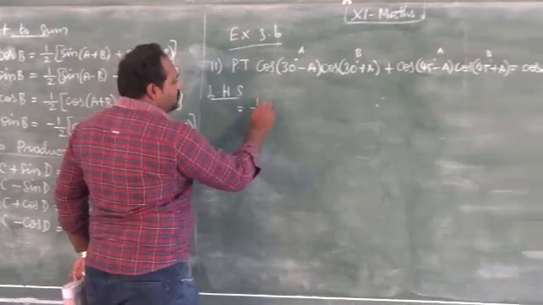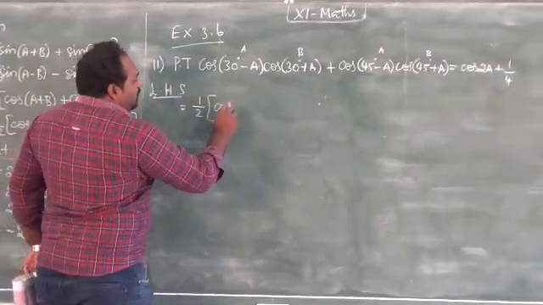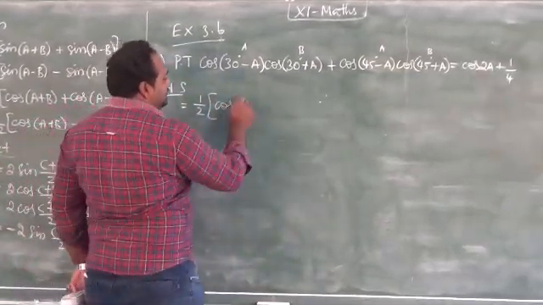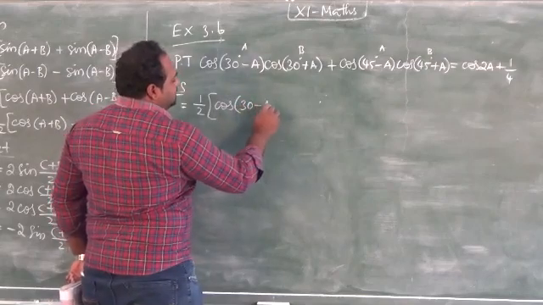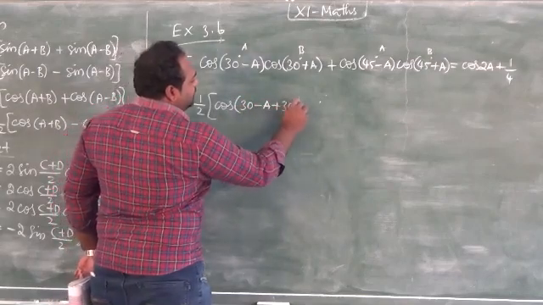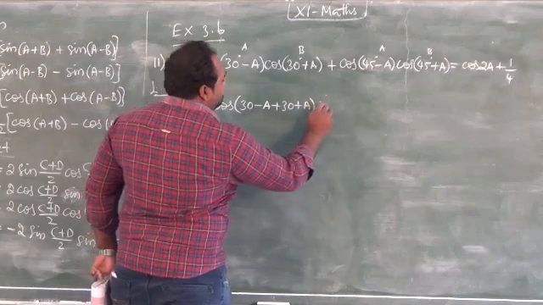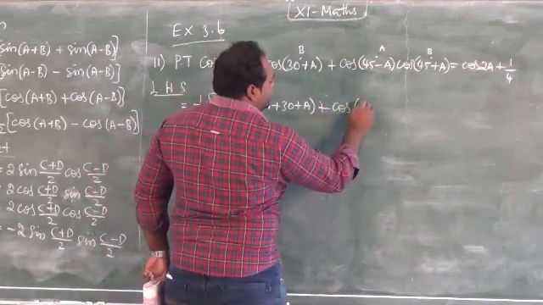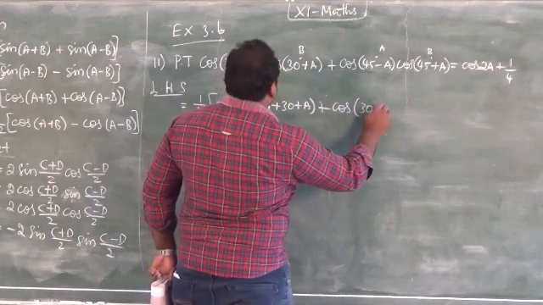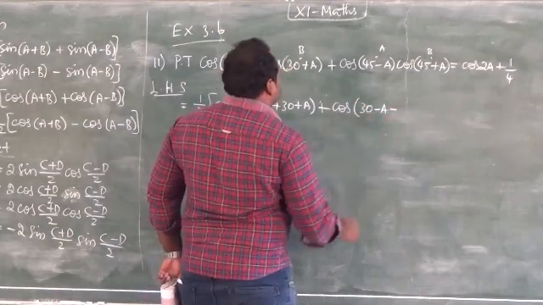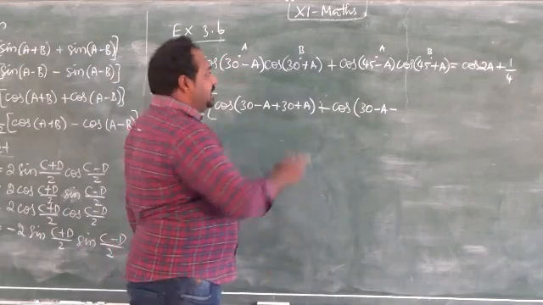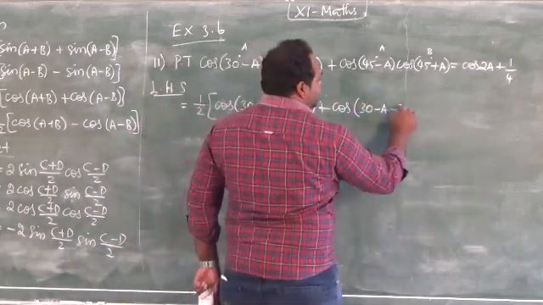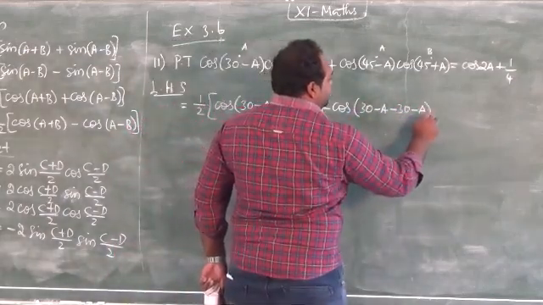So 1/2 [cos(A + B), which is (30° − A) + (30° + A), plus cos(A − B), directly applying the minus inside the bracket, (30° − A) − (30° + A)].